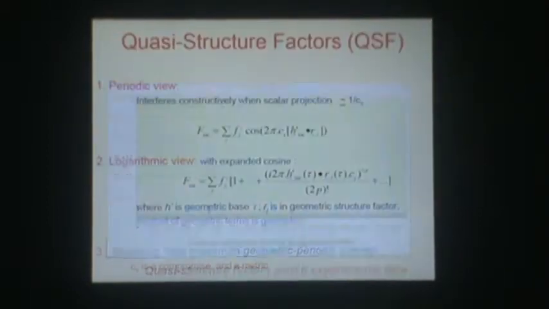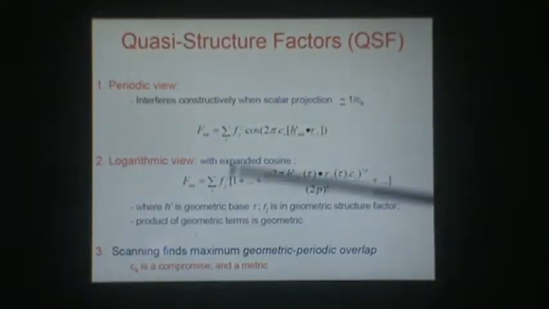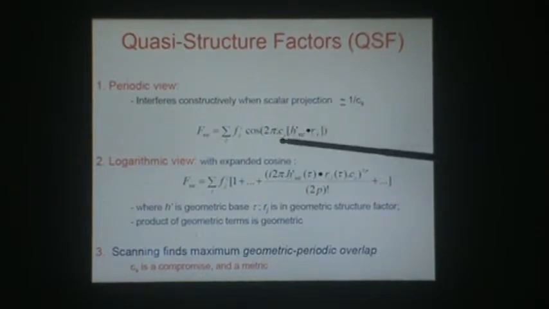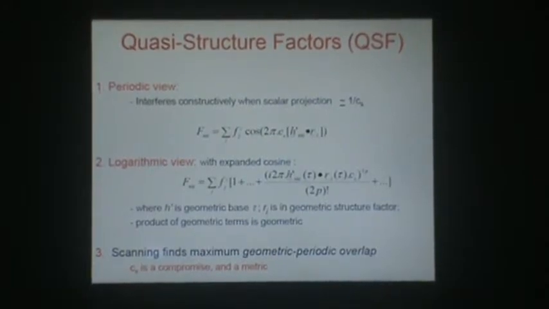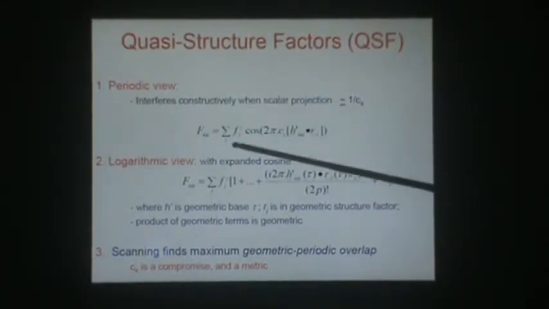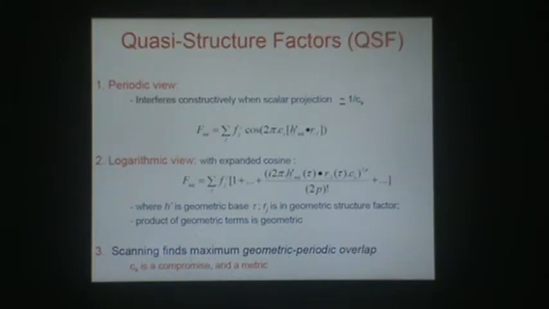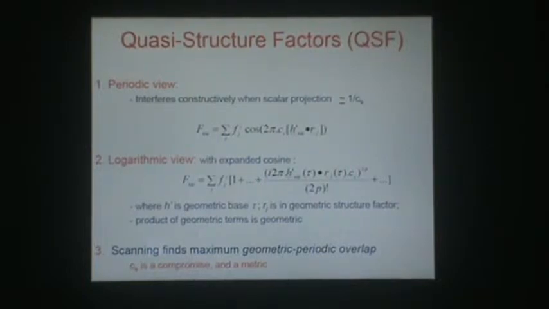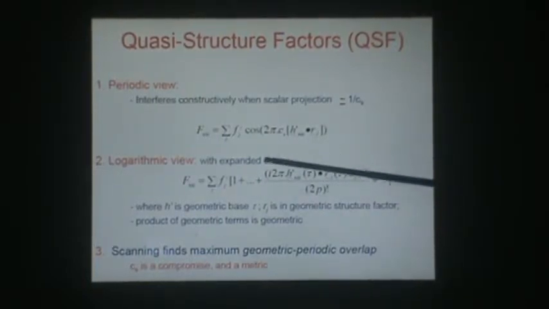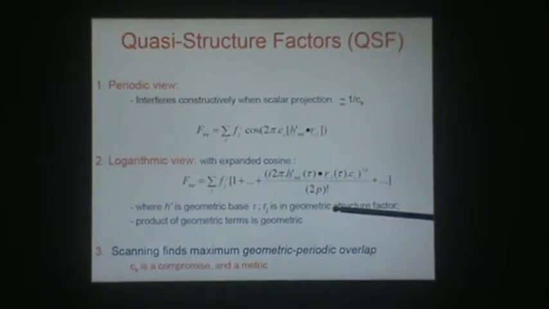Let's see if we can understand that better. In crystals, CS, the compromised spacing effect, is 1. But in quasi-crystals, we have a periodic probe, as the cosine is, and a geometric lattice. Well, we have to expand that cosine into its power terms in the normal way. And what we find there is, again, this projection.